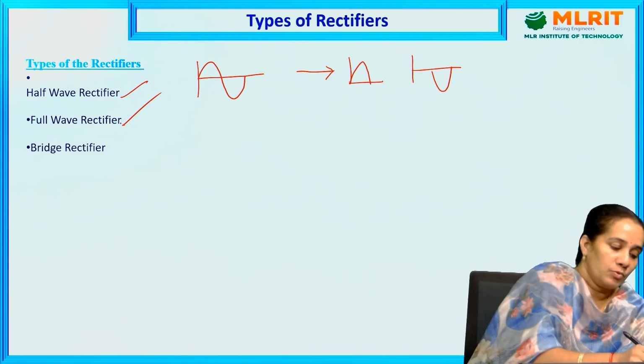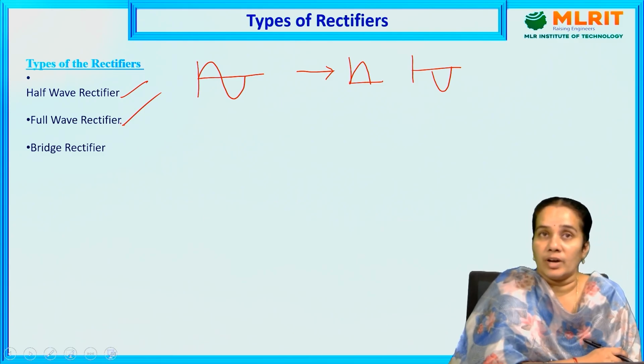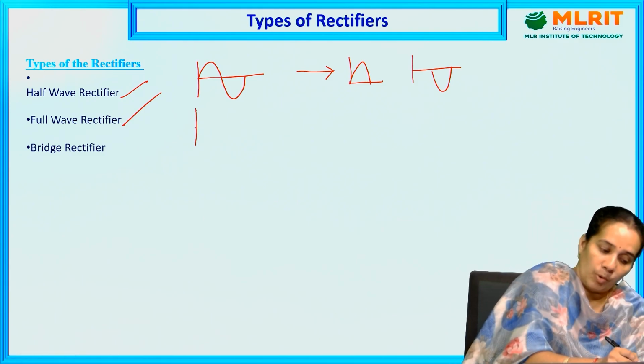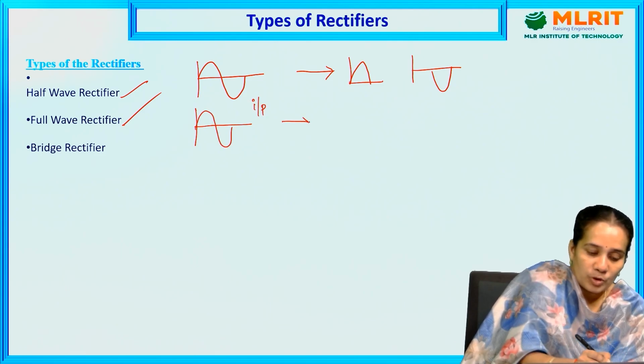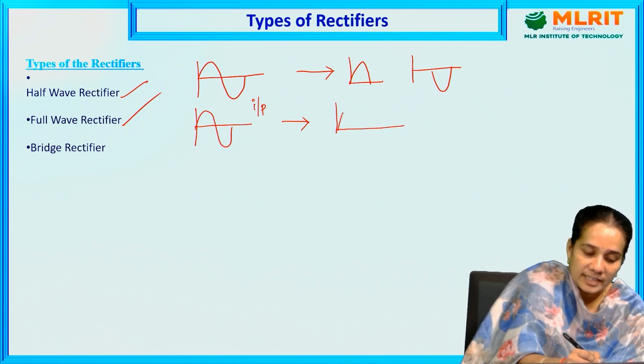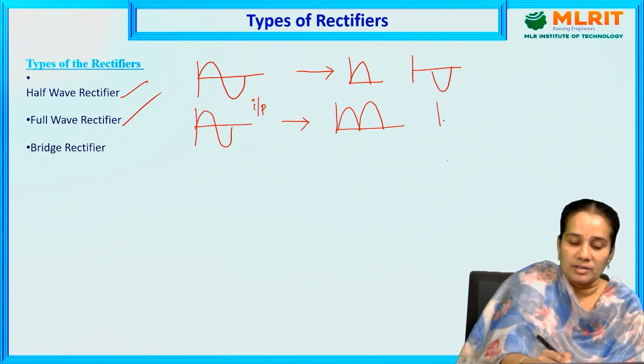Next, coming to the full-wave rectifier. This is the input signal to the rectifier. Coming to the output of the full-wave rectifier, it rectifies both the positive and negative half cycles, either in the positive direction or in the negative direction, depending upon the construction.